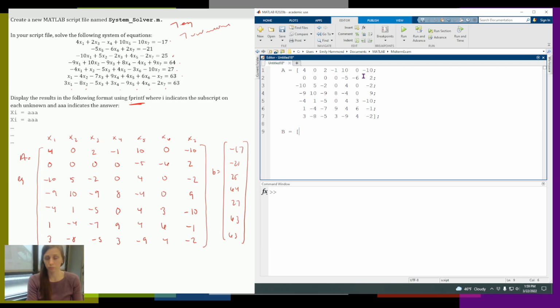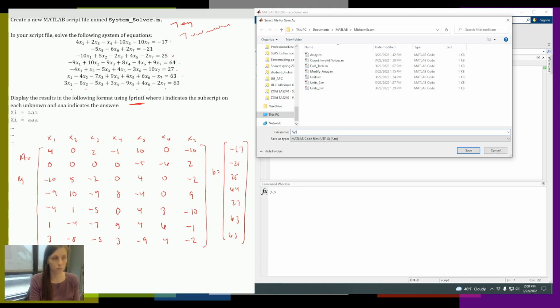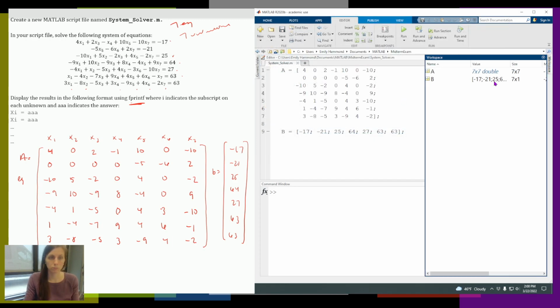Your B, your values, negative 17. You can type them in as a row vector, a column vector, however you want, as long as when you do your calculation, it is a column. So A is my 7 by 7. B, if I go ahead and save this, so A is my 7 by 7, B is my 7 by 1. It has to be a column.